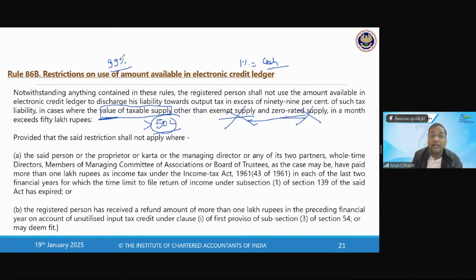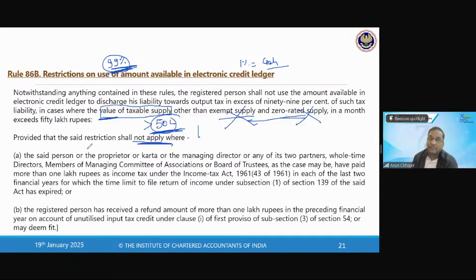Please do not forget you will use maximum 99% ITC. ये कई बार मैंने देखा है, they are asking the question which is inbuilt in some other question कि जहां पर आपकी सेल की वैल्यू कितनी है 50 लाख से ज्यादा, then they are asking that कितना लाइबिलिटी मुझे कैश में पे करना पड़ेगा. It will not be direct but it will be in an indirect manner.